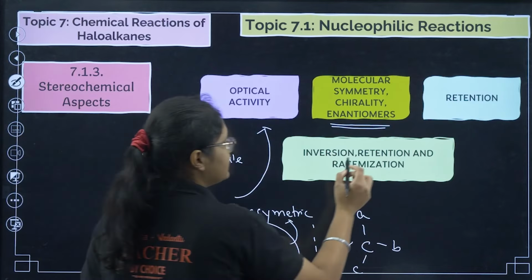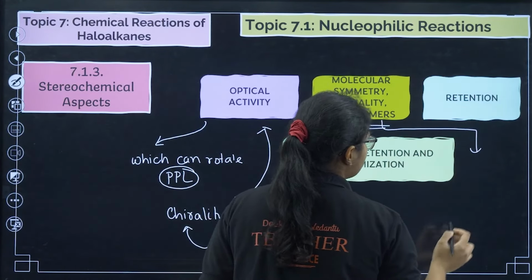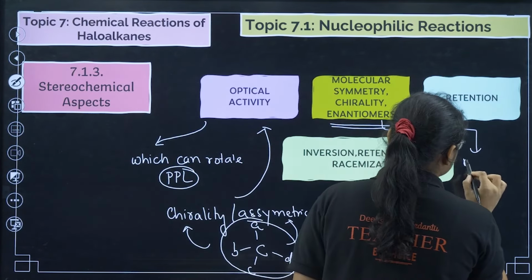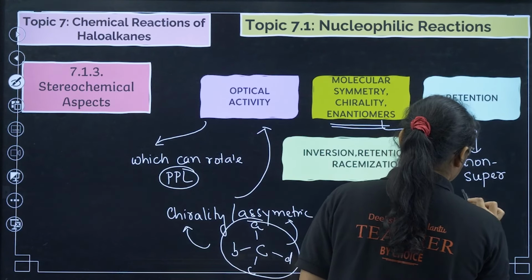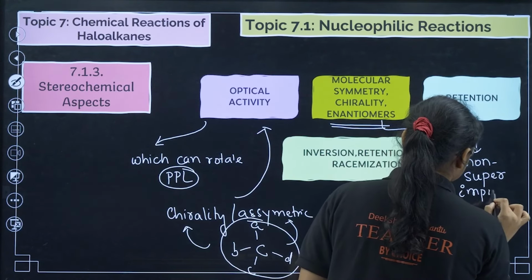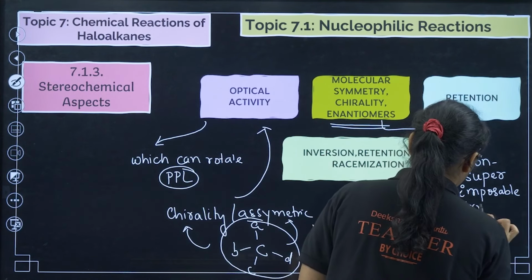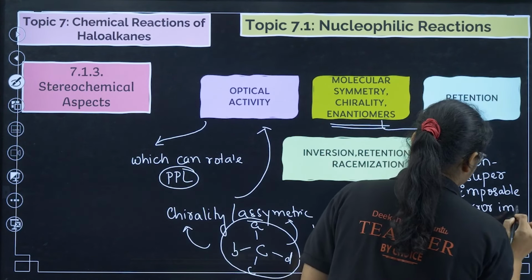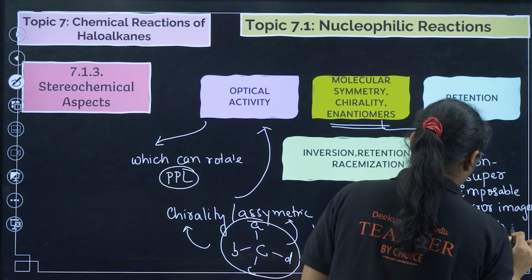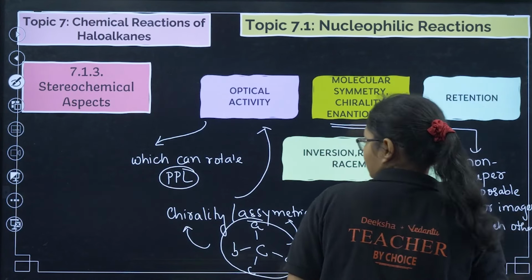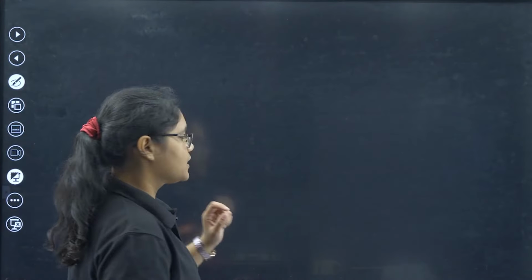So how will you define enantiomers? Enantiomers are non-superimposable mirror images of each other. Let me tell you like this.